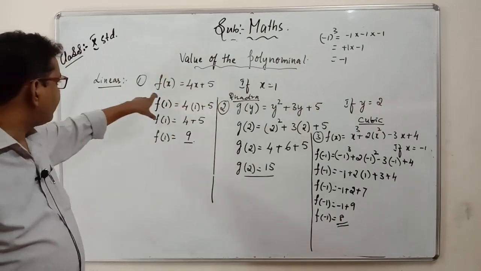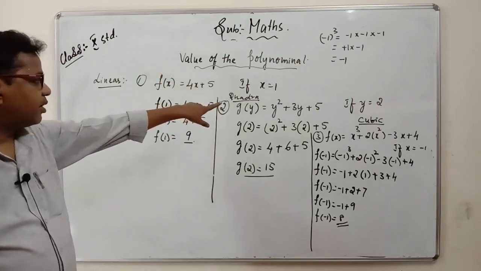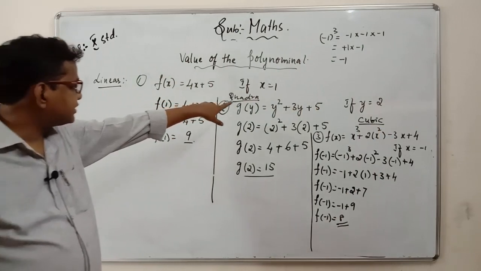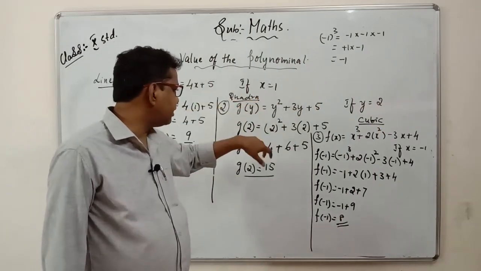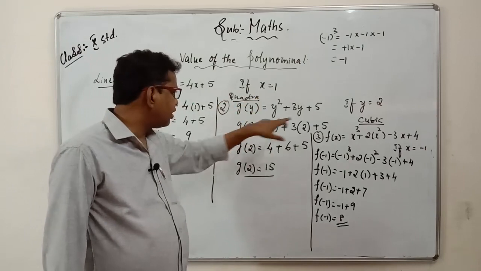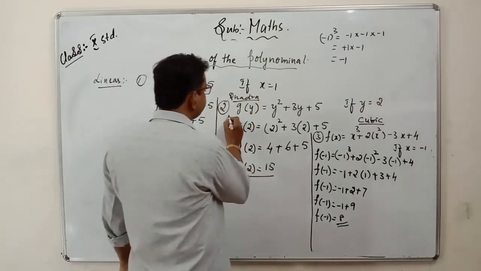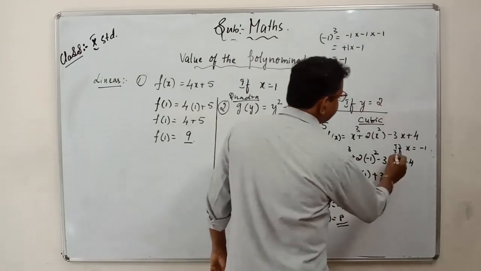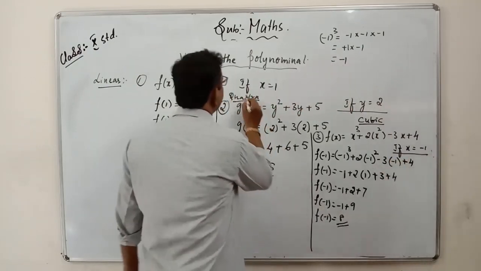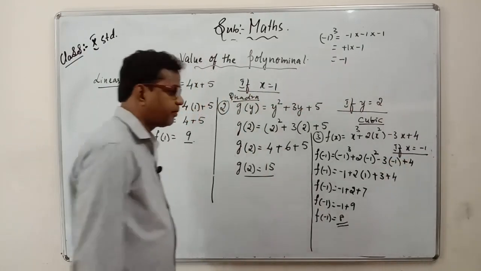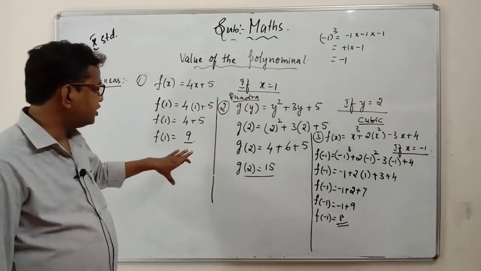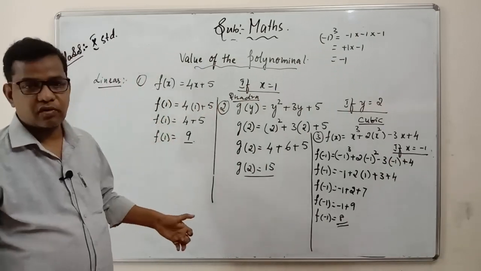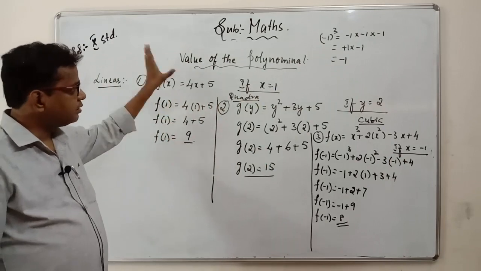So f of x is given, and here it has given y equals to 2, then here he has given x equals to minus 1, x equals to 1. So by substituting these values in the general form of the polynomial, you will get these values.